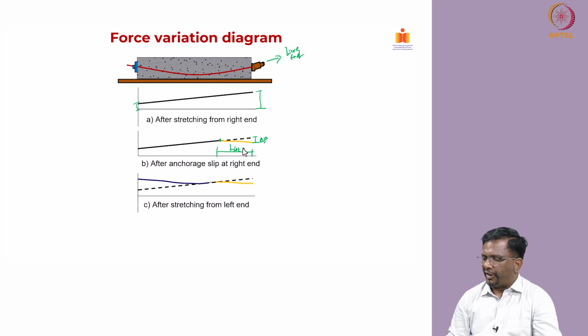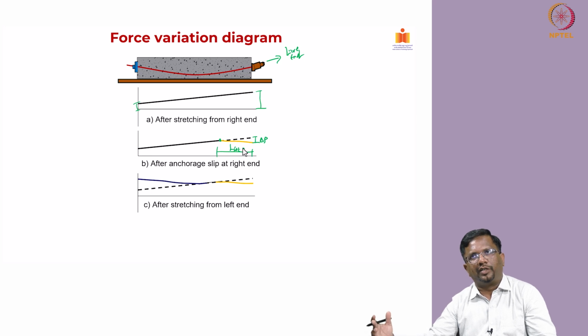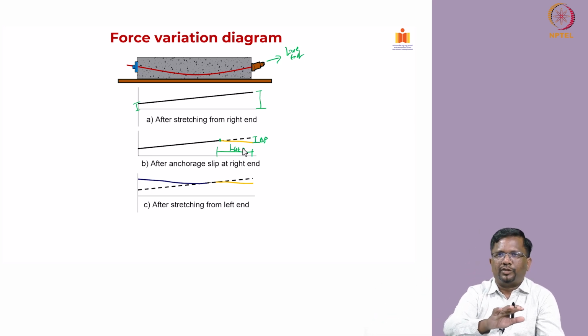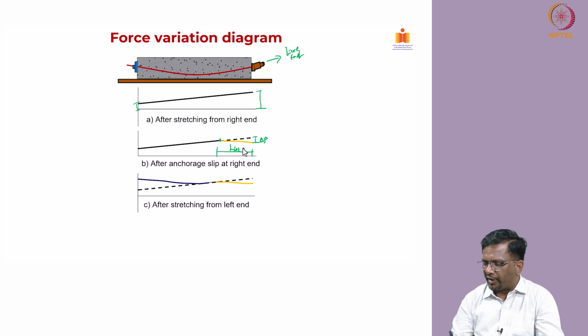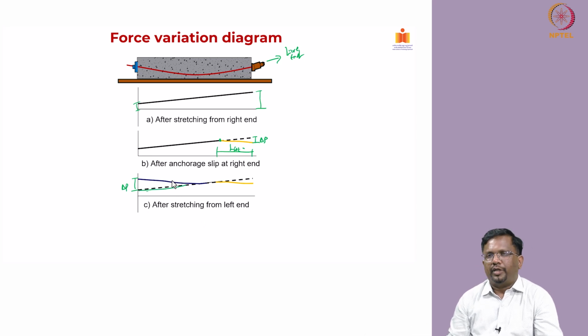Now, when you do the same thing, that is what we did. When you have, say, 10 tendons, 5 tendons I stretch from one end, and then 5 tendons I stretch from the other end. In this process, when I do the stretching from the left end, there will be a delta P, there will be a reverse friction again, and after a certain distance it will catch on, right.